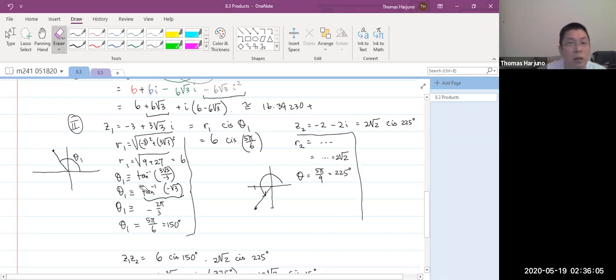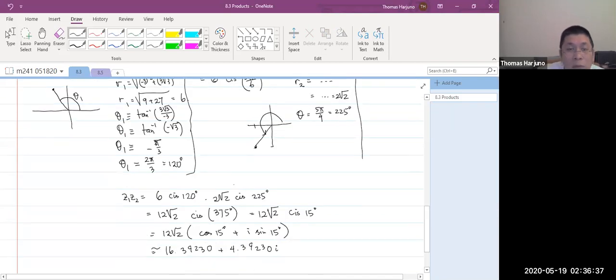I mean, negative pi over 3, which when I add pi, it becomes 2 pi over 3, which is 120 degrees. So that will be 345, 345 here.